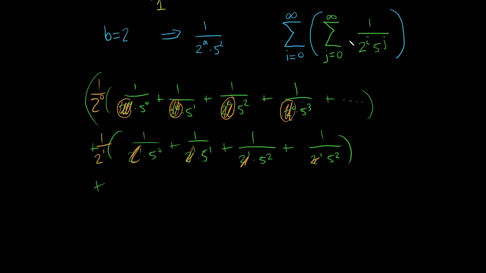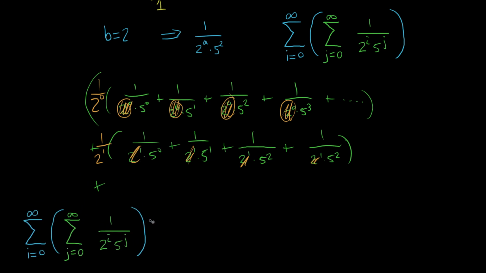When you have a term that depends only on the independent indices, and it does not depend, for example, on i and j at the same time, it's just a multiplication, you can actually pull out the sum. So what I'm saying is that this here, let me just copy it to make things simple.